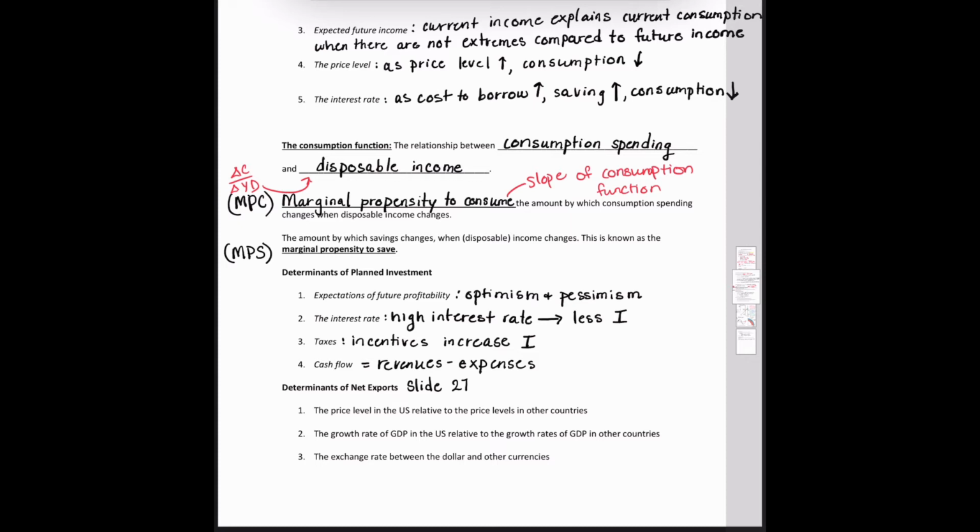So conversely, while we also have marginal propensity to consume, we also have marginal propensity to save. This is the amount by which saving changes when disposable income changes.